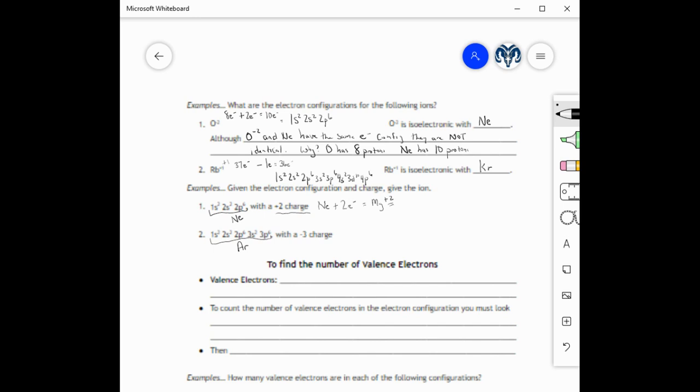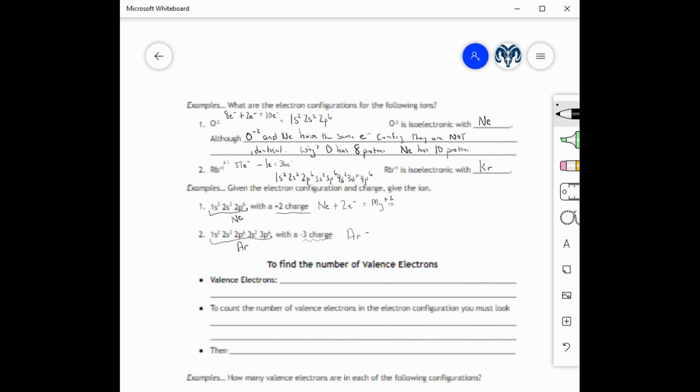So I've got argon, but the element that I'm looking for has gained 3 electrons, because it has a -3 charge.